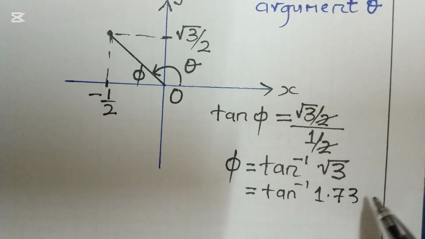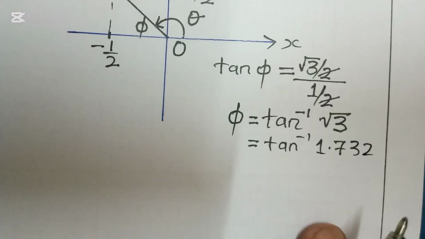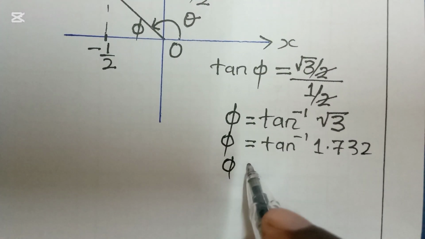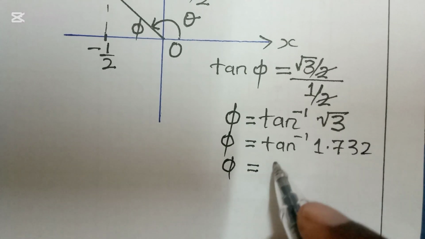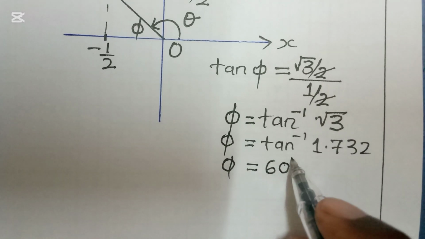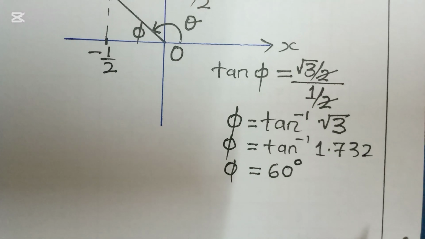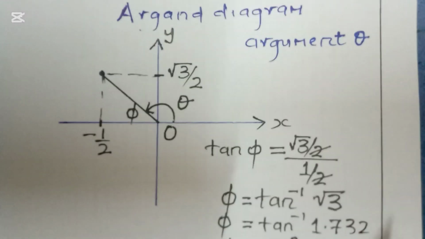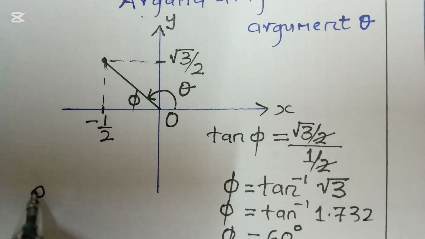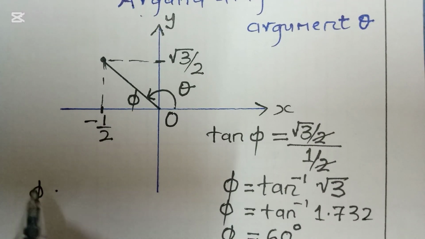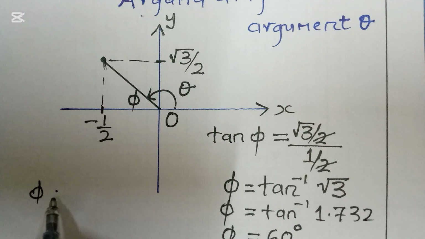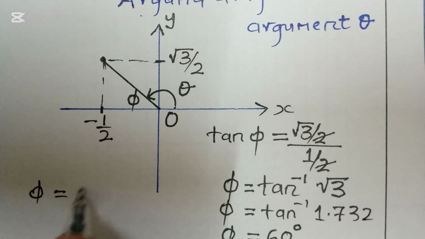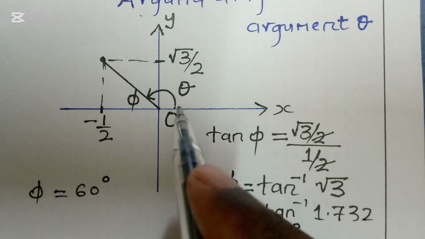Guys, checking from the tables, this one gives us phi equals 60. So now guys, we can find the theta, which is the argument. Phi is equal to 60 and we are now looking for theta.